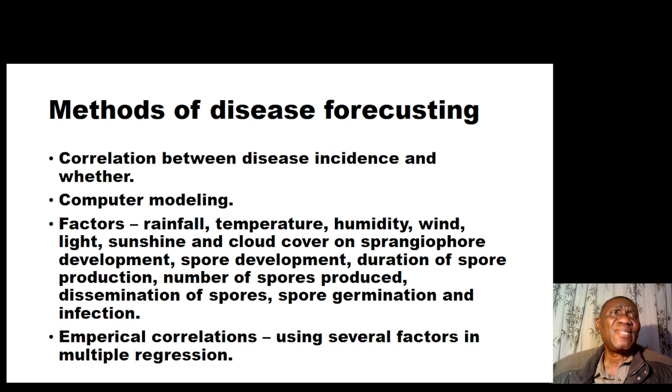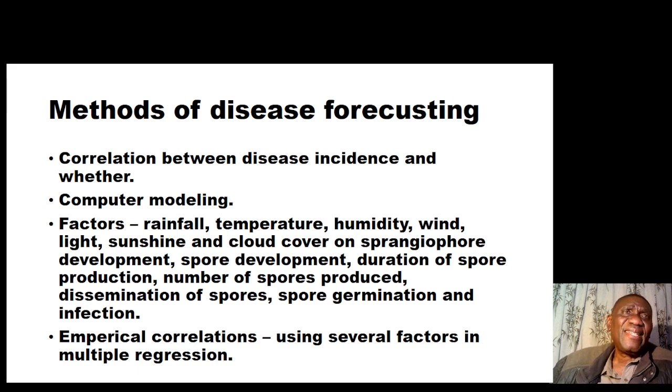Factors which are important are rainfall, temperature, humidity, wind, light, sunshine, and cloud cover, on sporangial development, spore development, duration of spore production, number of spores produced, dissemination of spores, spore germination and infection. All of this data, if we have it, we can precisely predict whether the disease is going to occur or not.